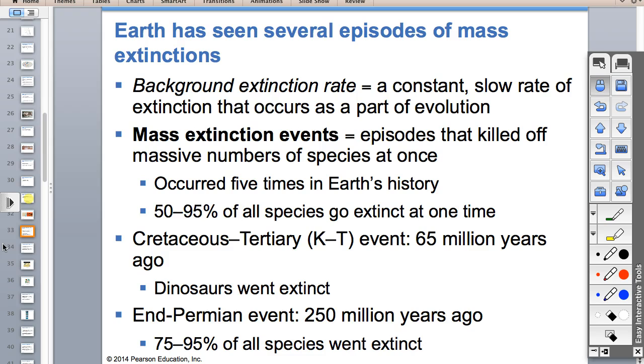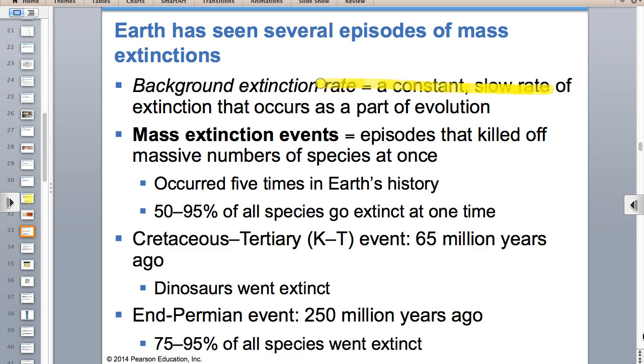We've had 5 mass extinction events, and currently scientists believe we're in our 6th one. It's important to understand that the background extinction rate is also there. There is a slow extinction that occurs constantly over time because of evolution.